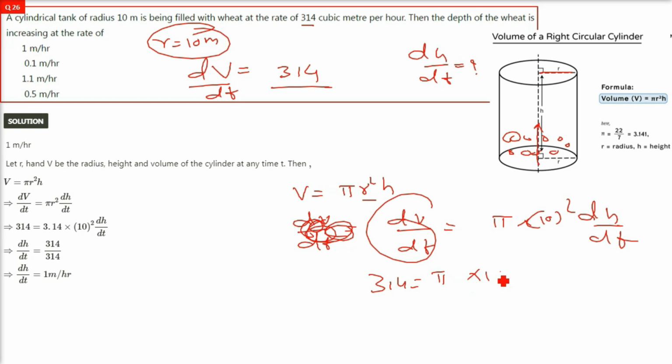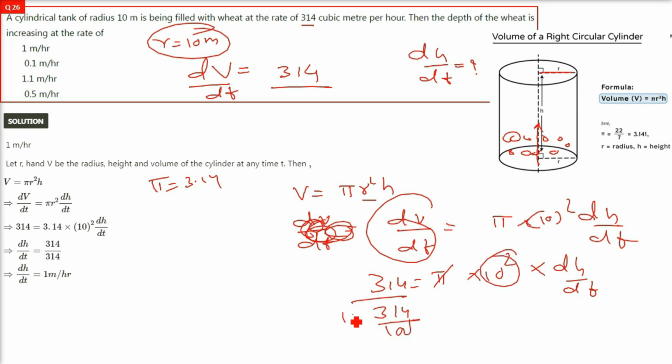Now it is 314 equals pi into 10 squared dh/dt, and we already know pi is 3.14. 3.14 into 10 squared is 314 only. So it is essentially equal to 314 divided by 314, or you can call it 3.14 divided by 100, and this 10 squared 100 cancels, 314 cancels, dh/dt is your 1 meter an hour.